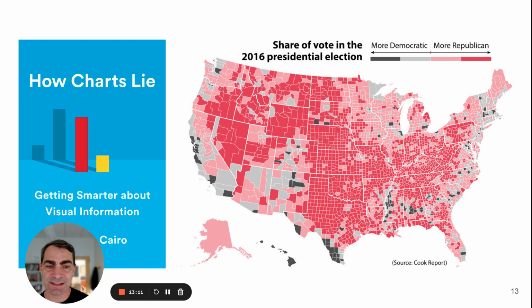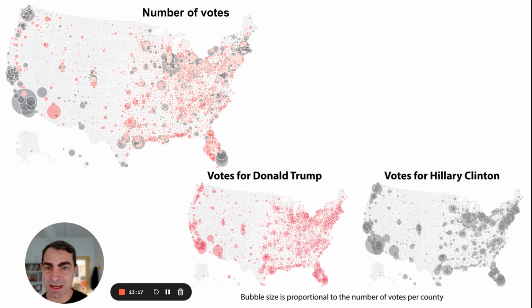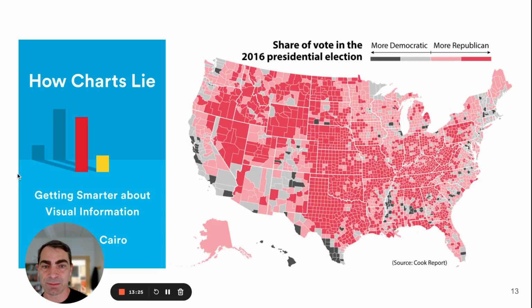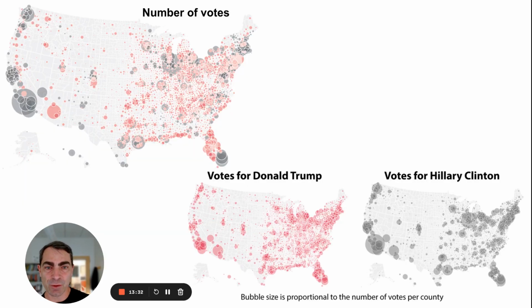Okay, but let's see the same data in a different way. The next one is a second way of visualizing this information. Instead of visualizing the share of votes, what is visualized here is the number of votes, right?